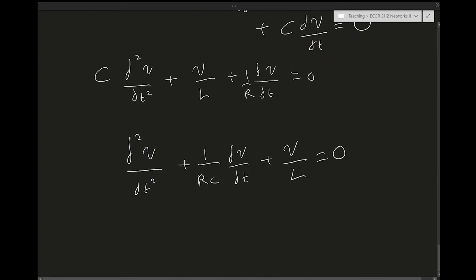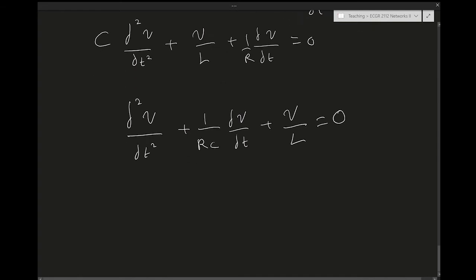We already put the second order equation in a certain form with some predefined constants. How did we describe the second order equation? In general, for any variable, we describe it as d squared x over dt squared plus 2 zeta omega naught dx over dt plus omega naught squared x equals 0.